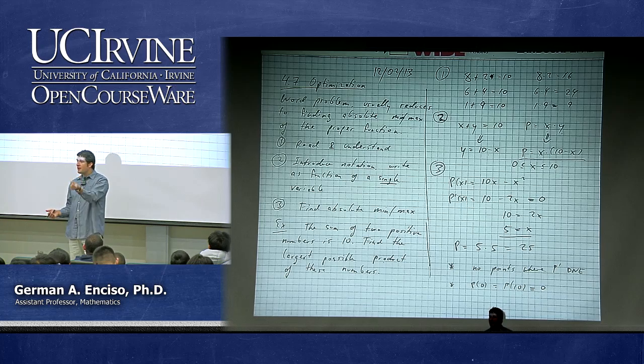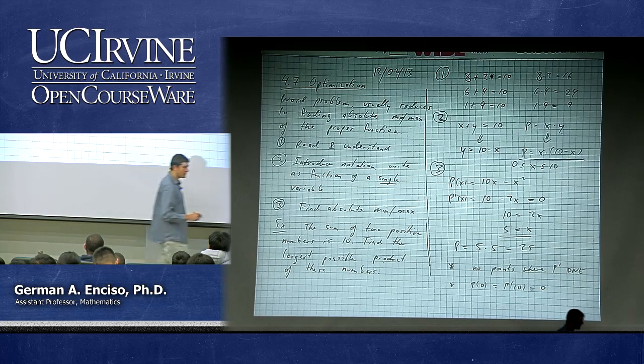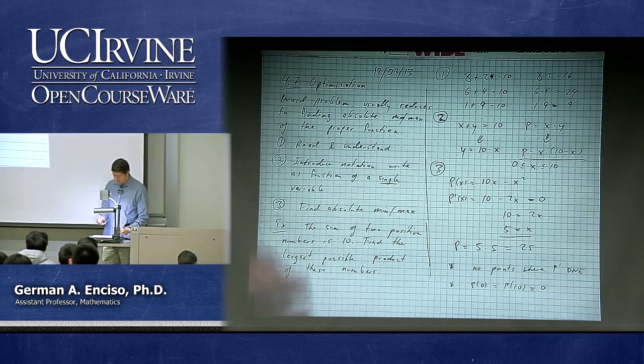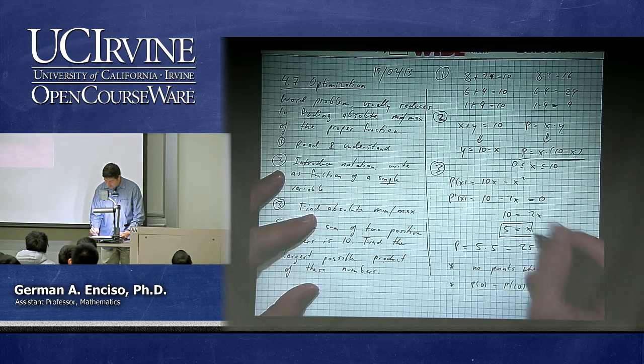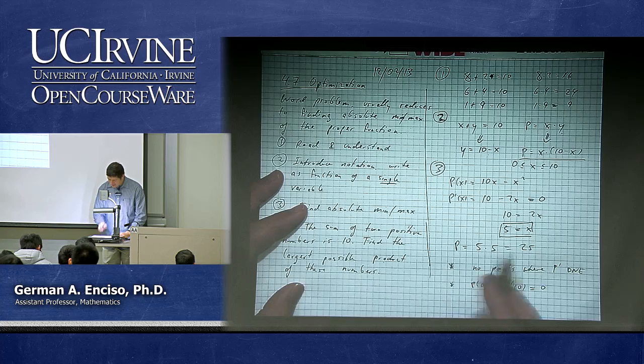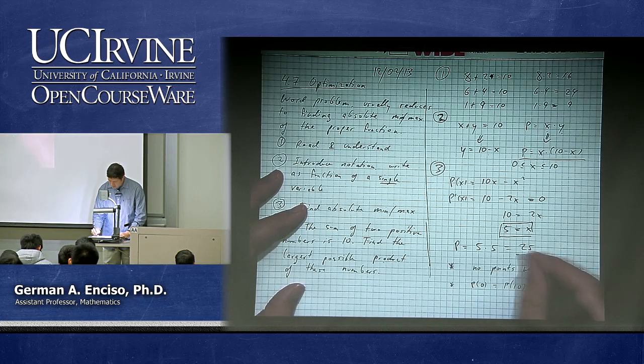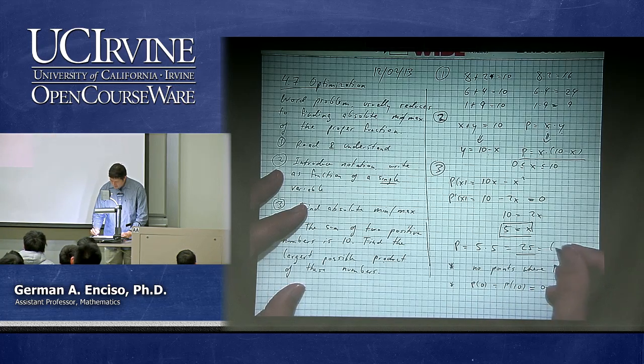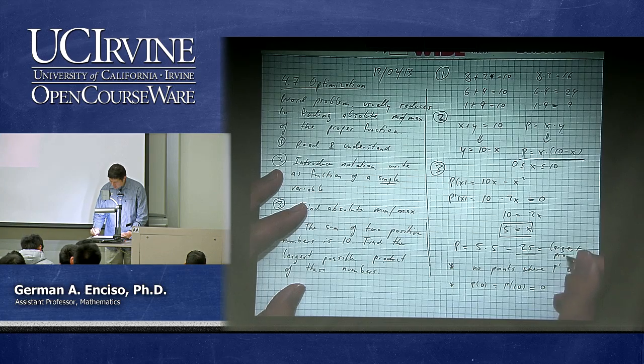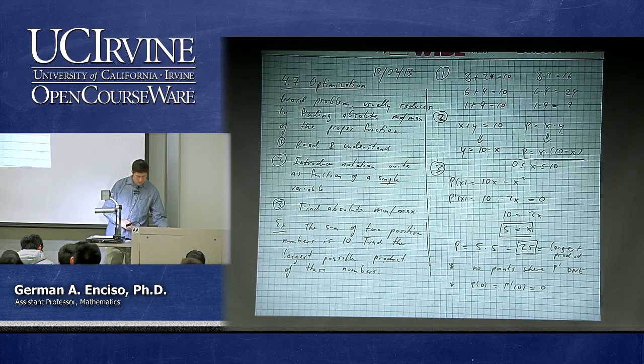So really the only point left is that point where the derivative is 0. Okay? Great. So that's the answer. Actually, that's not quite the answer. The answer is, this is the largest product. All right, great.